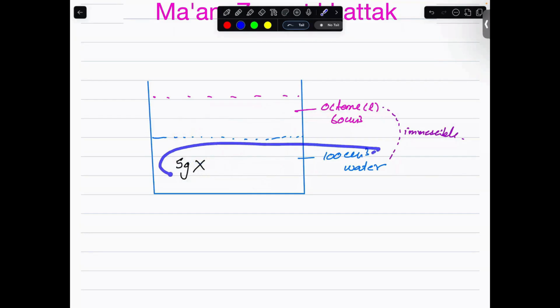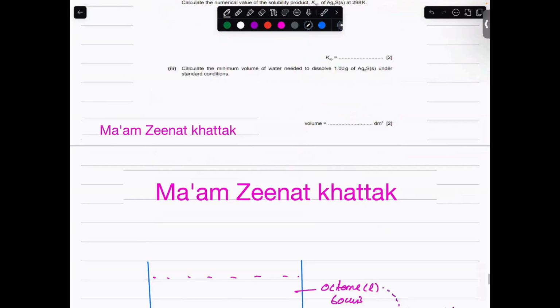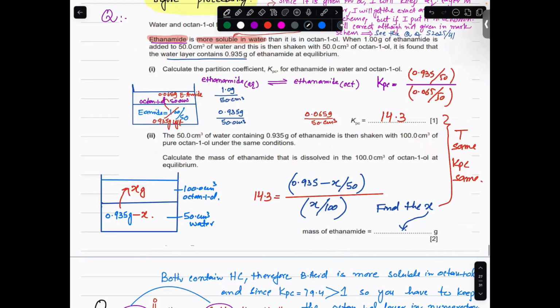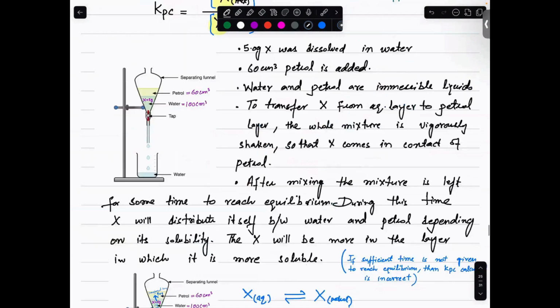You take water containing X, you want to transfer X from water to octane, but they're not mixing. This is just an interface. Very small particles can go around this up and down, not too much. So we need to mix it vigorously. I have written all this in the notes.